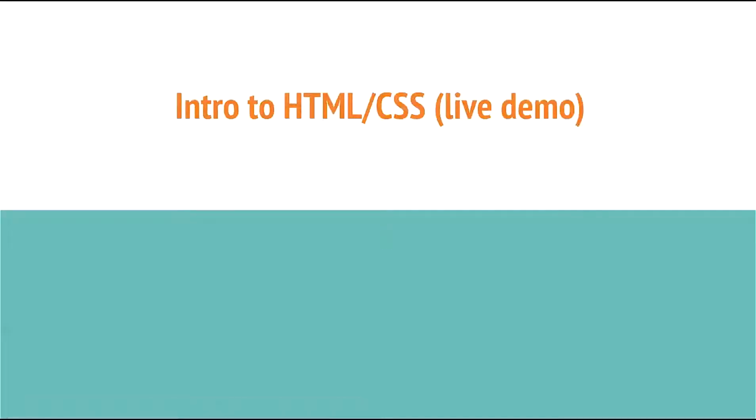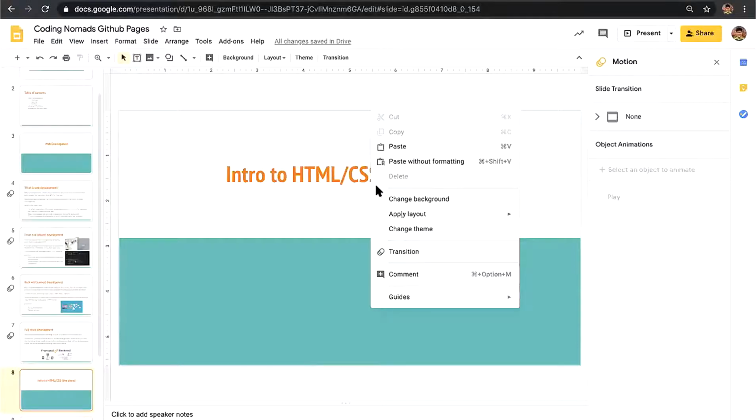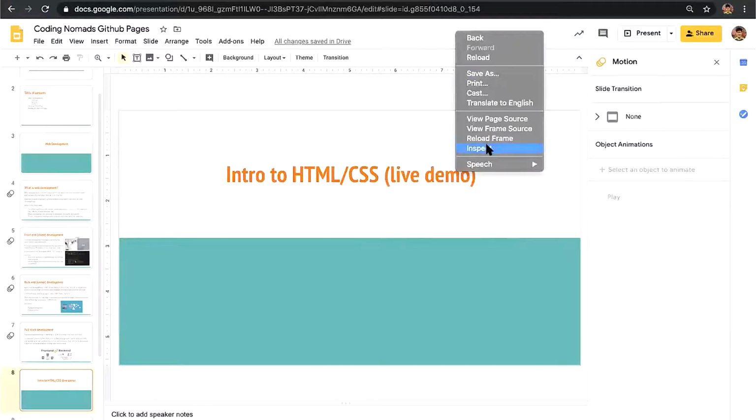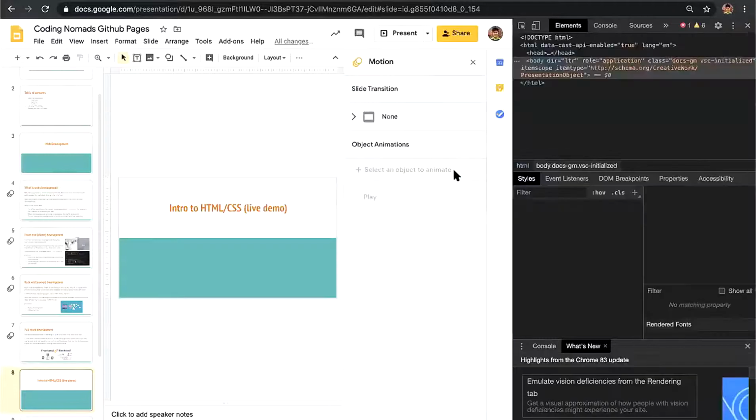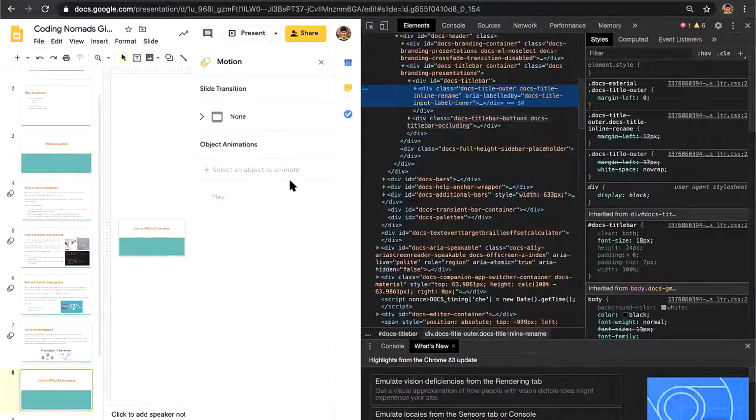So I'm just going to quickly share HTML and CSS. A great example of HTML and CSS is actually, let's just use this Google Slides window. If you right click and inspect, you can actually see the source code that generates this page.